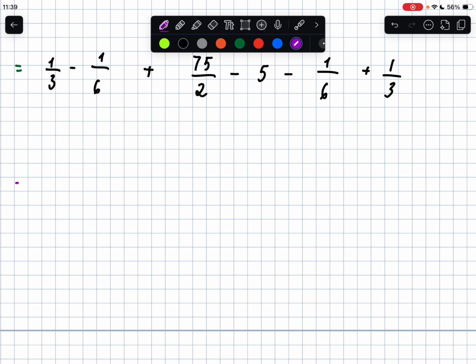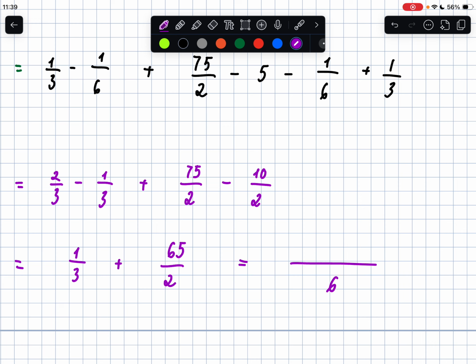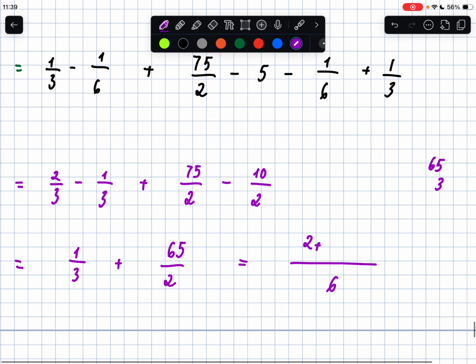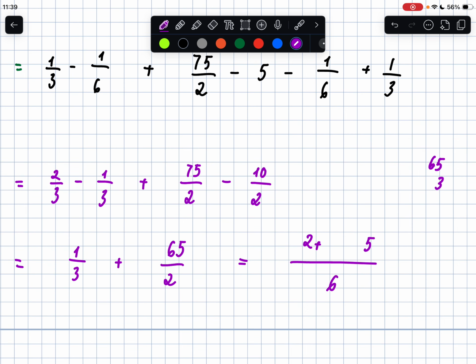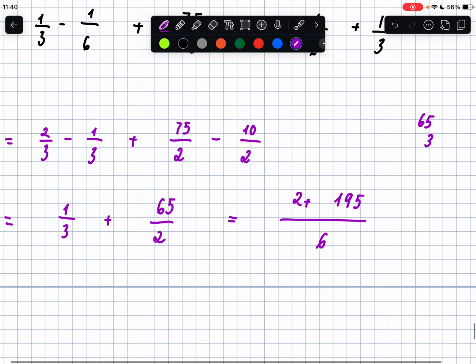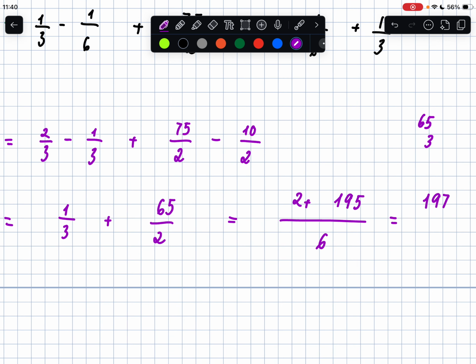Compute this one, we have 1/3 plus 1/3, 2/3, minus 2/6, 1/3. 75 divided by 2, minus 10 divided by 2, plus 1/3, 65/2. Common denominator 6, 65 times 3, so 5, 18, 19, 197/6.